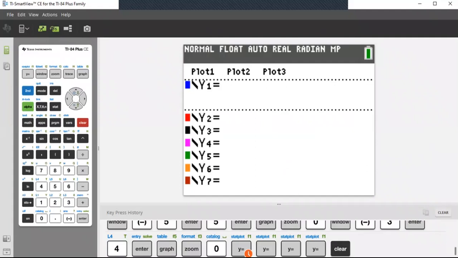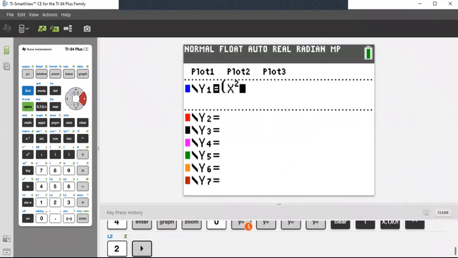So let's clear this out and let's put in our rational function here. So I'm going to put my top in its own set of parentheses. So the top is x squared plus 5.